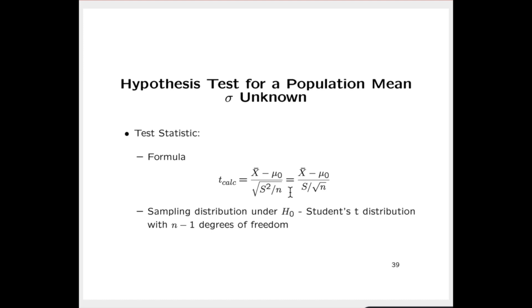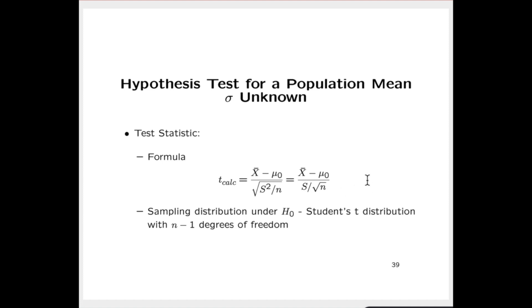So in the denominator of the test statistic, we now have, and I'm pointing to the version on the right-hand side here, the sample standard deviation. So the test statistic formula is the sample mean x bar minus the hypothesized value of the population mean, which I'm denoting by mu naught, and then I'm dividing that difference by the estimated standard error of x bar, which is the sample standard deviation over the square root of the sample size.